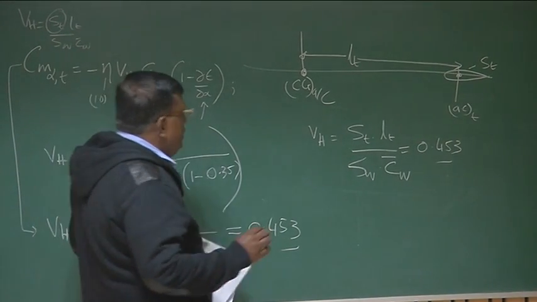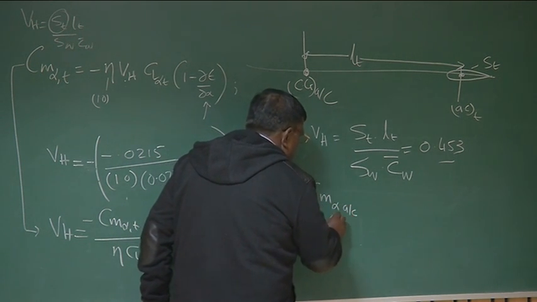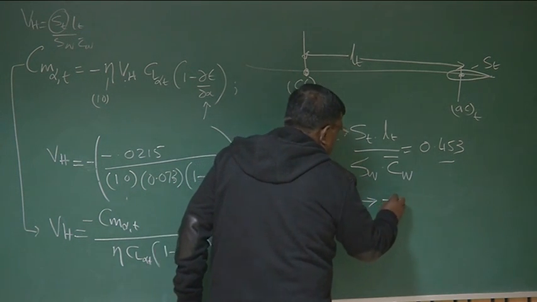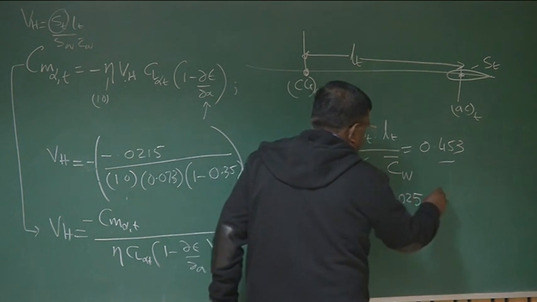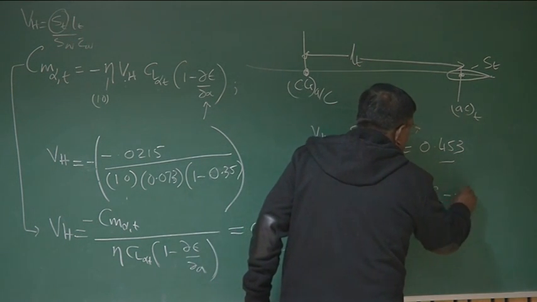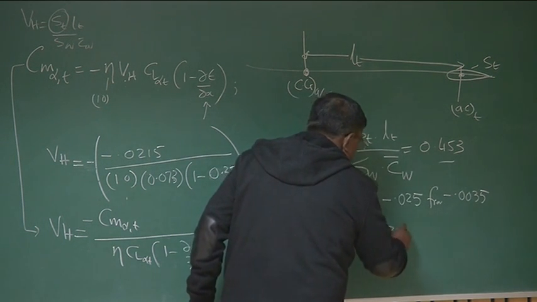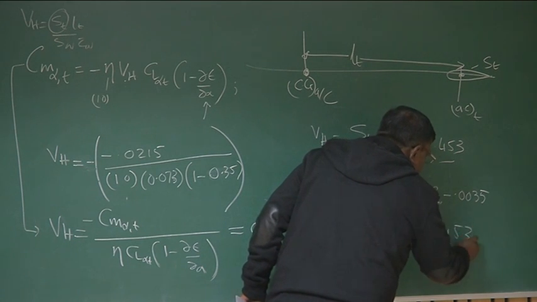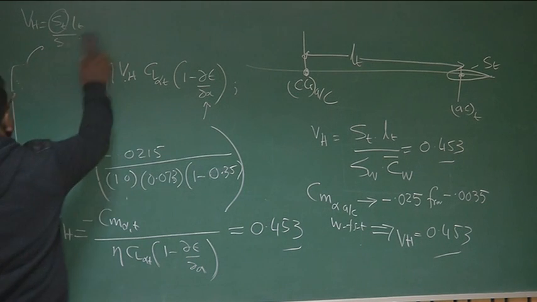If I want to change Cm alpha of the aircraft, that means wing, fuselage, and tail, to minus 0.025, from minus 0.0035, then I need to have VH equal to 0.453. Correct? Okay?